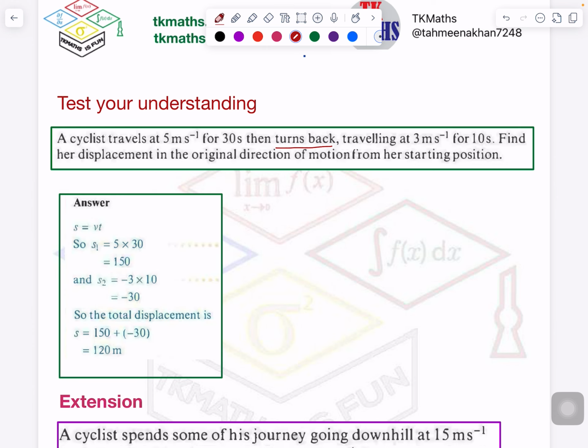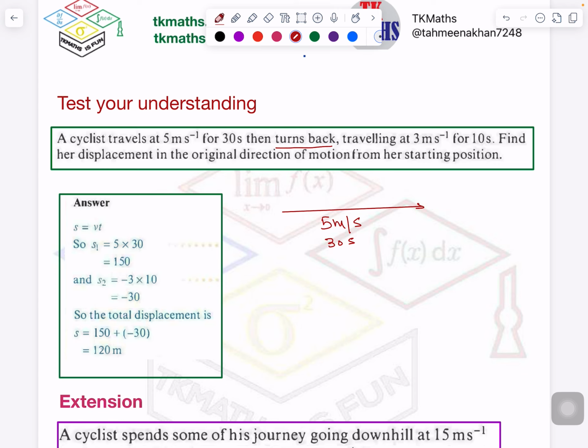I hope you understood that first of all, the cyclist was going in this direction, right? And after that, he will come back. So when he was going like this, his speed was 5 meters per second and his time was 30 seconds. So what distance did he cover? Distance is equal to speed into time, right?